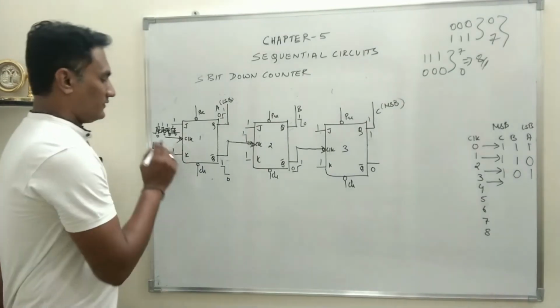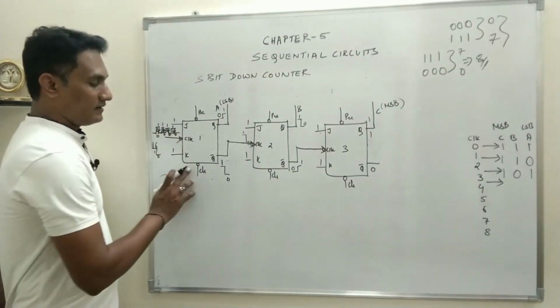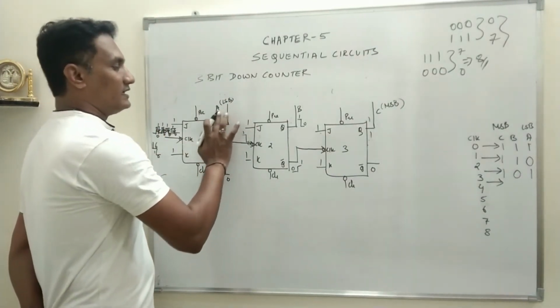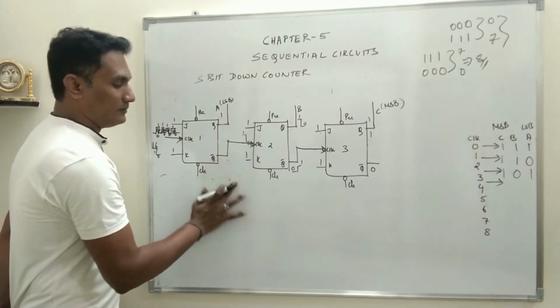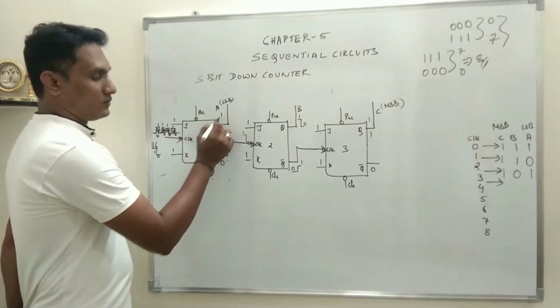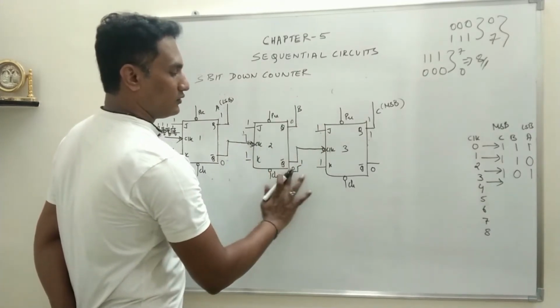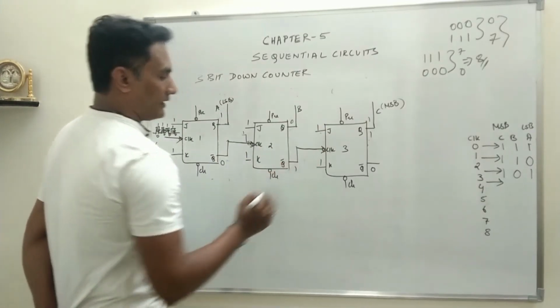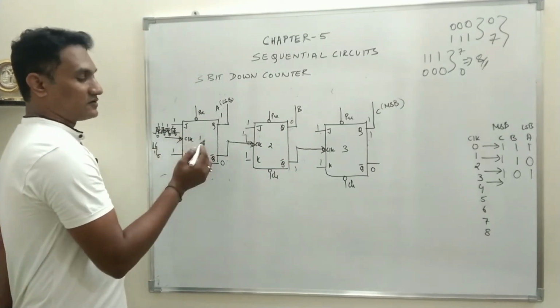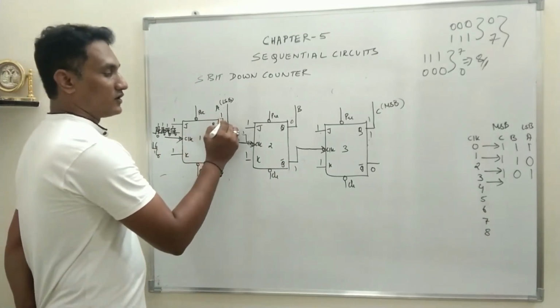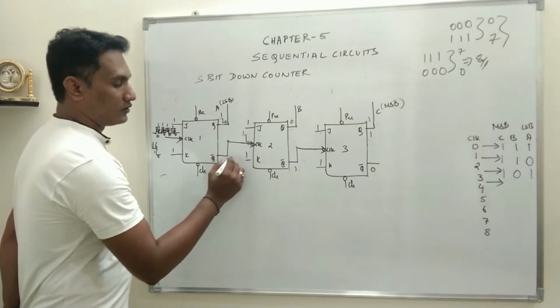And when the third clock pulse is applied, what is the state now? A is 1. That means Q bar will be 0. What is B? B is 0. Q is 0, Q bar is 1. So when the third clock pulse arrives, A goes from 1 to 0. Q bar goes from 0 to 1.